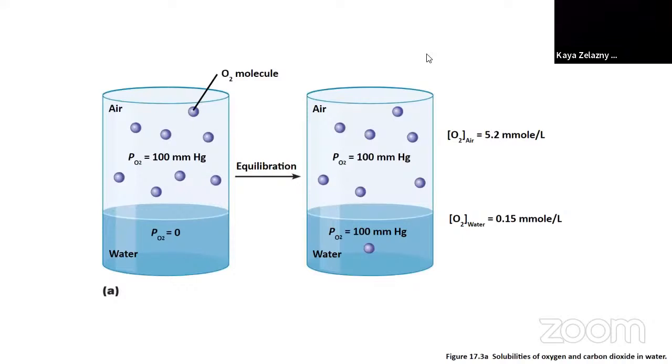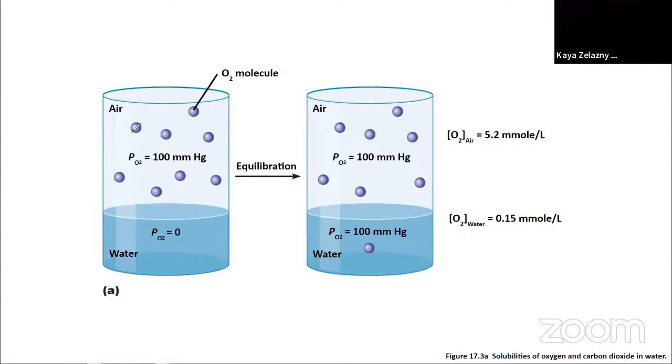So here we see an example of this partial pressure of oxygen in the gas versus in water, and how that relates to the solubility. And we're going to compare this to carbon dioxide. In this first bit, we have a partial pressure of oxygen of 100 in the air when we start out, right?